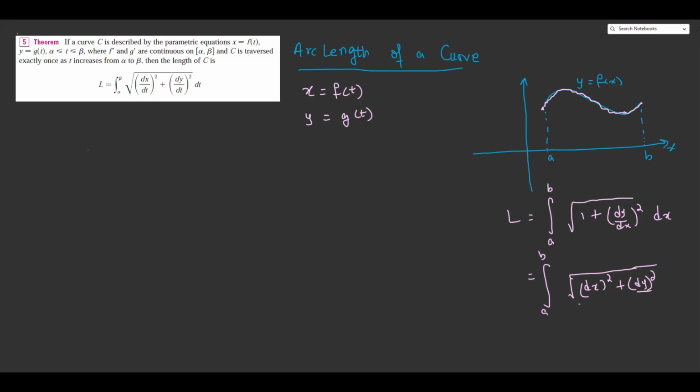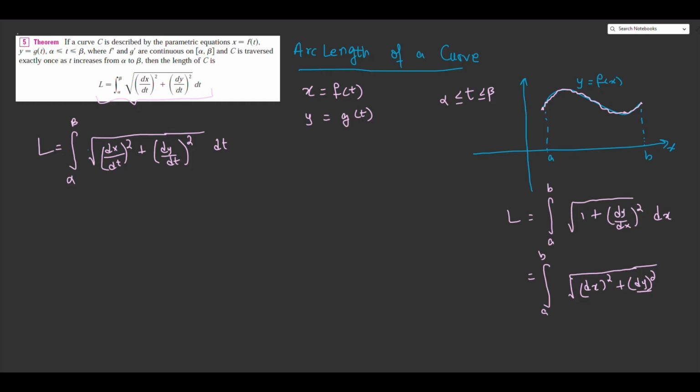So when we substitute the derivatives of x and y, we get this formula, and it is written in the following way: integration from alpha to beta under the root dx by dt square plus dy by dt square, and we integrate this with respect to the time t. Here t varies from alpha to beta.